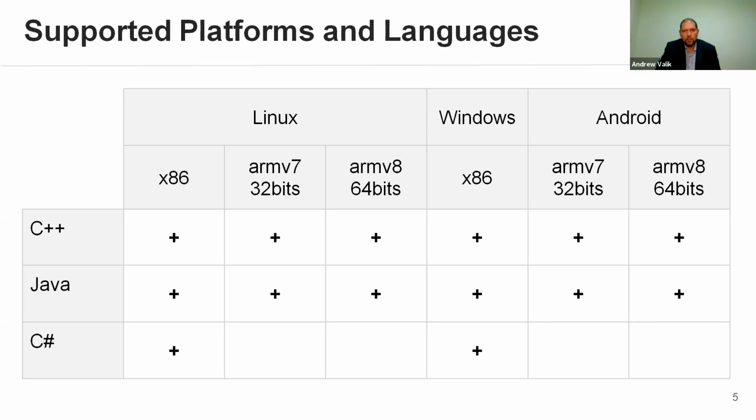You can use it on any operating system. And C# is supported also. We hope that next year we will support JavaScript for web-based applications, but that will be in the future.